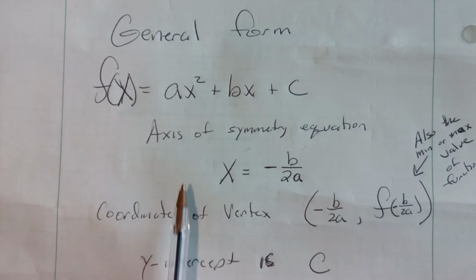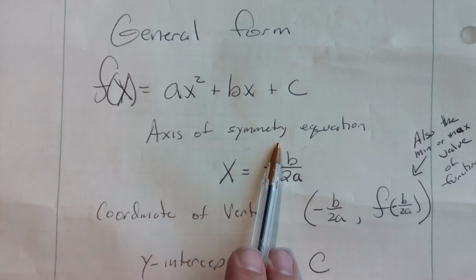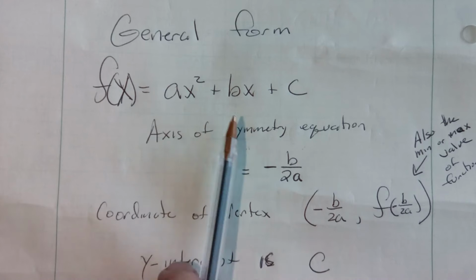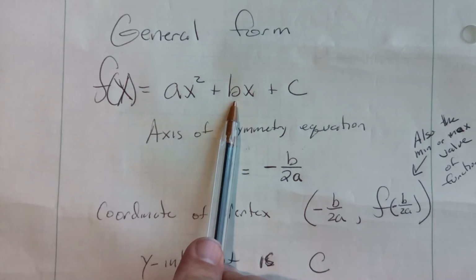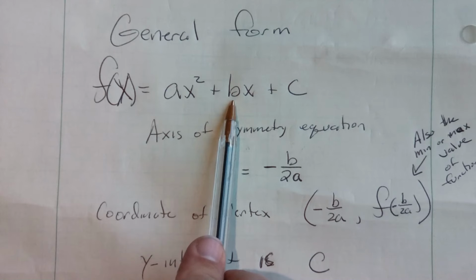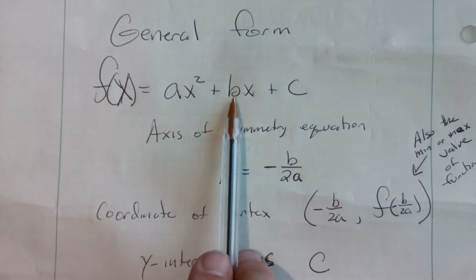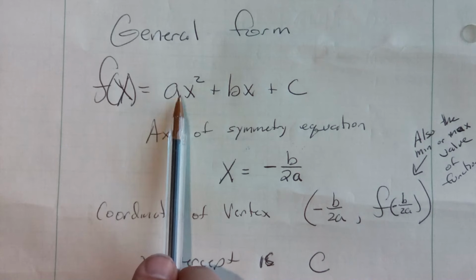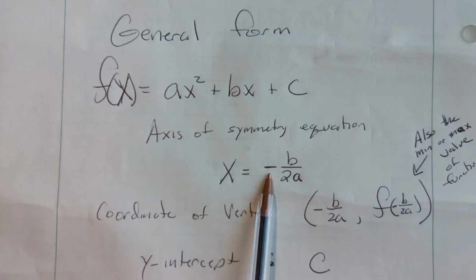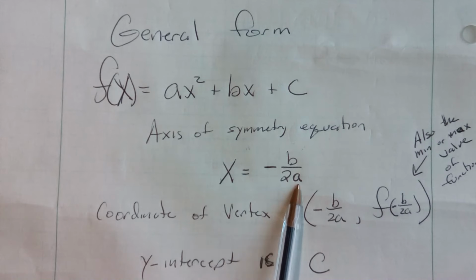The axis of symmetry is found by taking the value in front of the x, this b value, putting it over twice the a value, and then change the sign on it. They say that's a minus b over 2a.